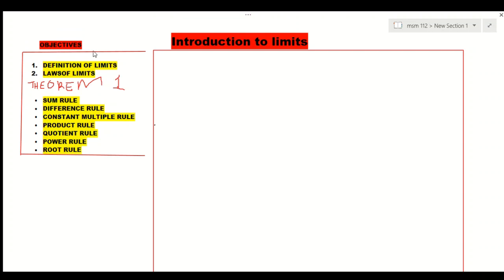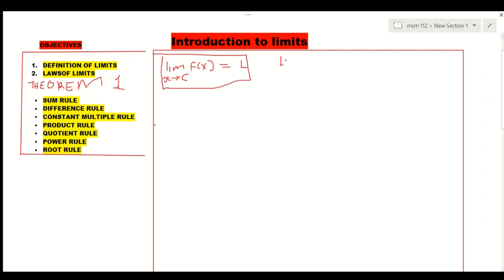So law number one is the sum rule. Let's say the limit as x approaches some constant number of a certain function is equal to L, like this. This is limit 1.